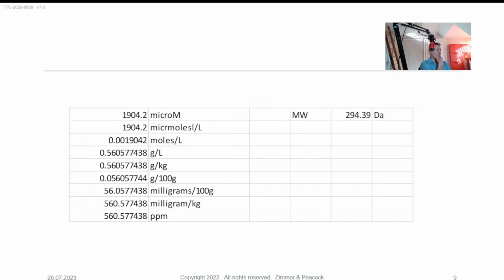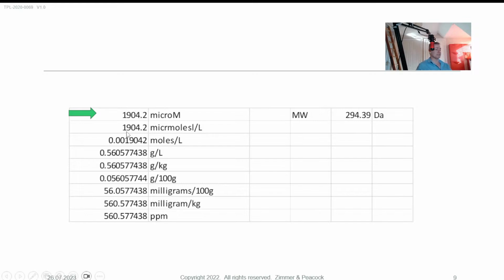Now what they want to know is how to get into grams per 100 grams. So first of all, let me take the result that they had, which was 1904.2 micromoles per liter. I know this is a very silly emphasis on these words, but this is chemistry.